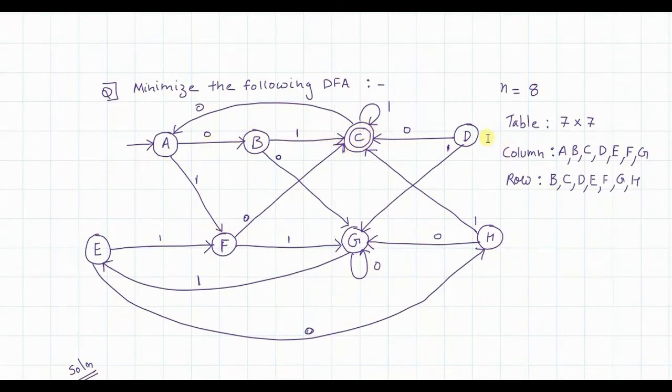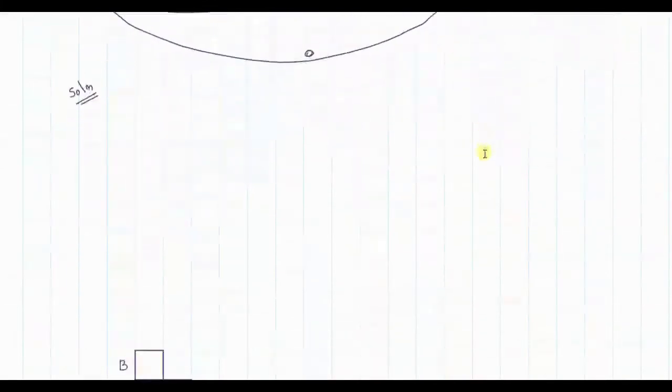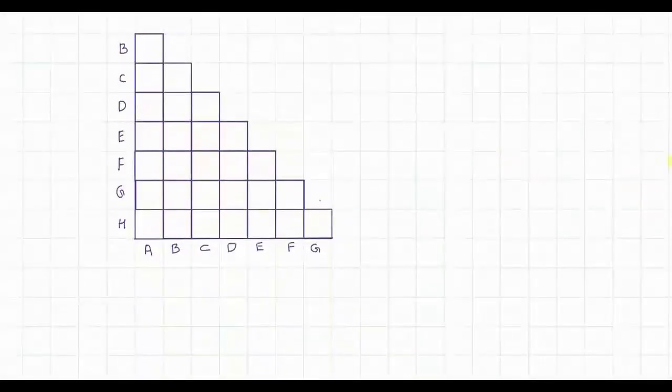The definition of distinguishable states says that two states are distinguishable, in this case as a base condition, if one state is a final state and the other state is a non-final state. So all those cells involving C will be marked with X. For example, this cell here is C comma A. Again, C is a final state, A is a non-final state, so it is distinguishable, so you mark it with X.